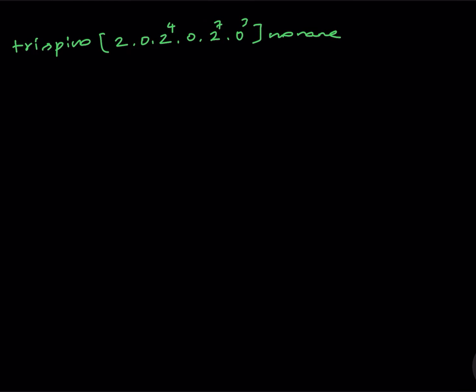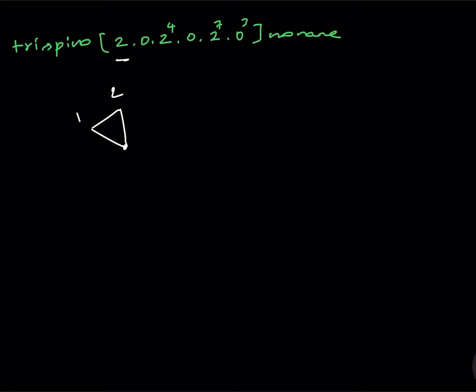Now here we have a trispiro compound. So what is this 2 means? As usual we have a 3-membered ring, that's our spiro center.